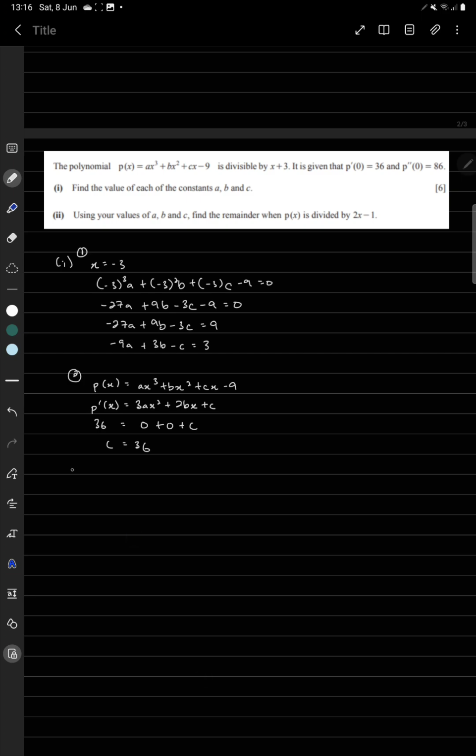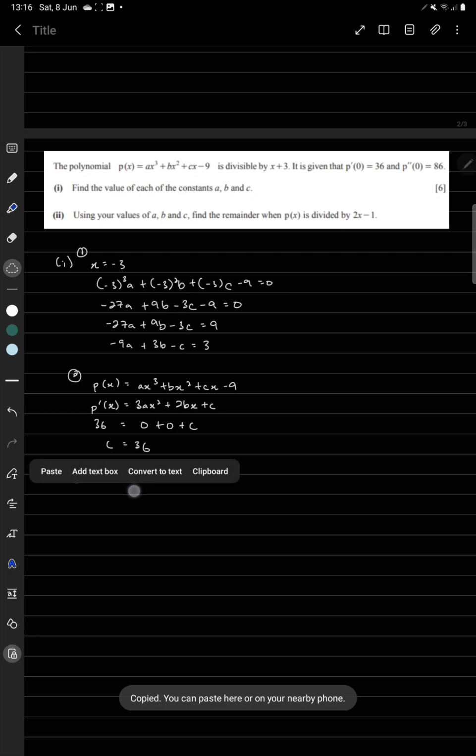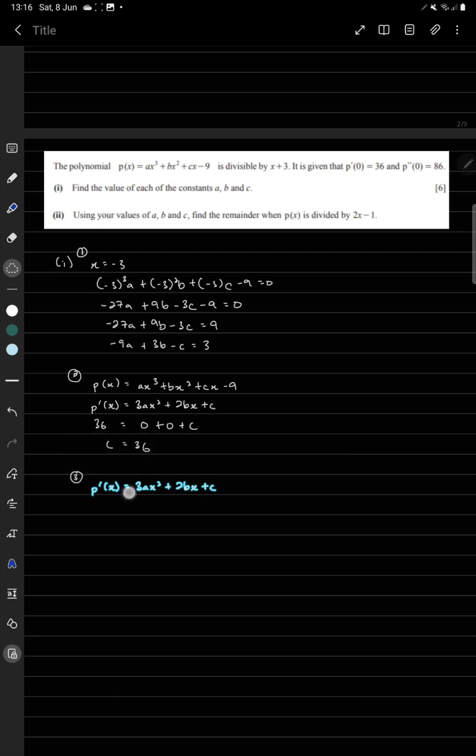Okay, now moving on to the third part, it's double dash now. Double dash means you differentiate twice. So taking from the previous answer, copy, then paste. Now what we're going to do is differentiate this again. So we're going to have 6ax plus 2b.